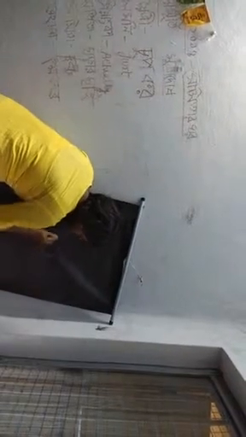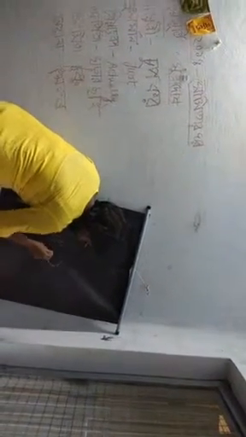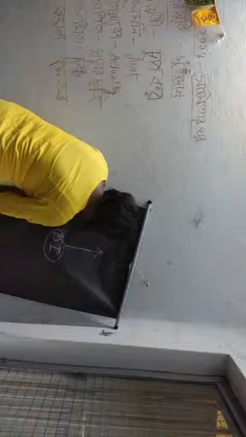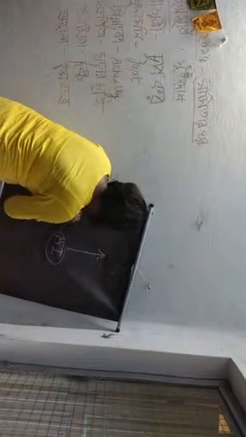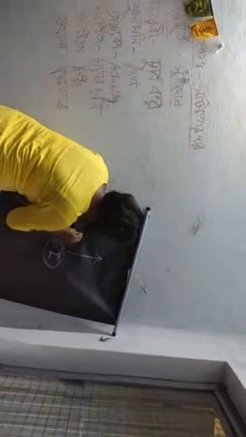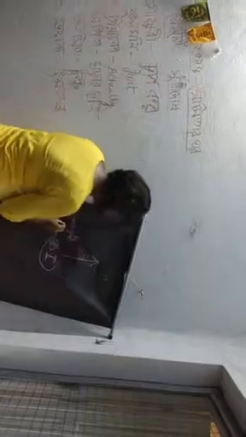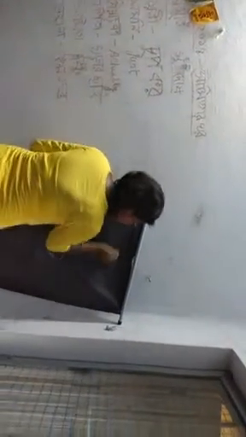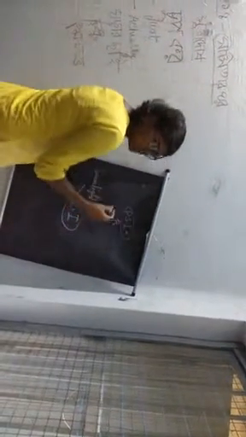I will show you the schematic representation of that. What is happening? This is the PS1. It is getting excited by sunlight. Then the PS1 rises up to its higher orbital, getting excited.